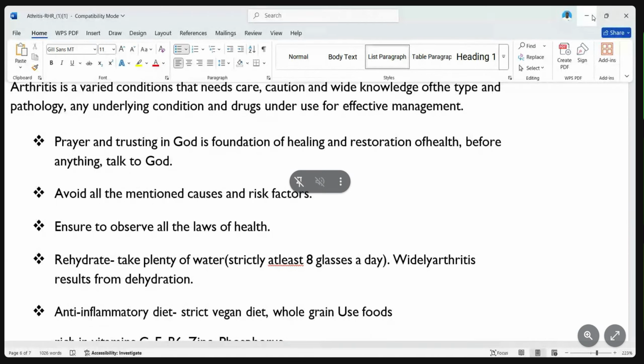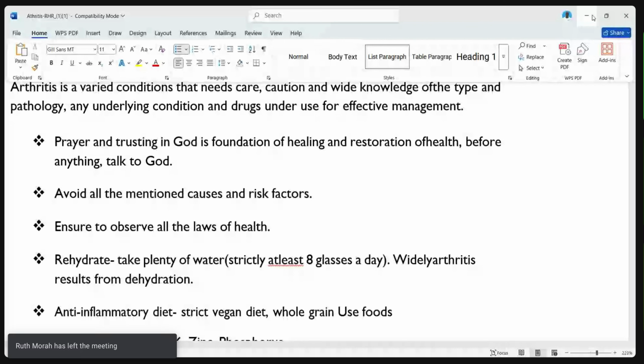An example of acid-forming food? Milk. Milk. Red meat. And carbs. Yes. Refined carbs. Let's proceed. Thank you so much, Kevin.